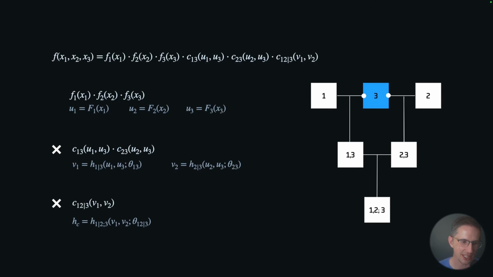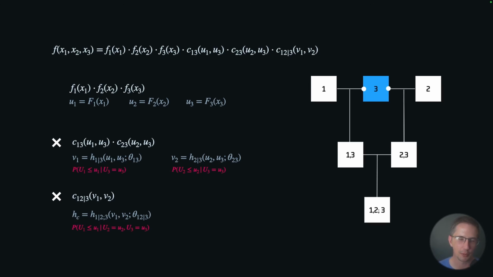The H functions that you can see beneath here in a sort of darker gray, these are what you get from the copula. Once you've fitted a copula, you can calculate the conditional probability. So the first one, which we'll just call V1, is H sub 1 given 3. So we're giving that H function a name. That's where we put U1 and U3 into the H function. And here you'll see it's got this semicolon theta 1,3.